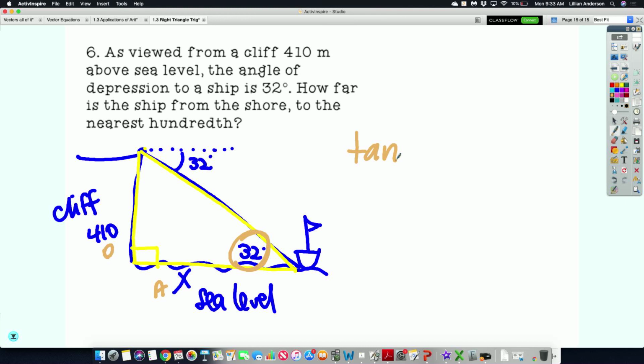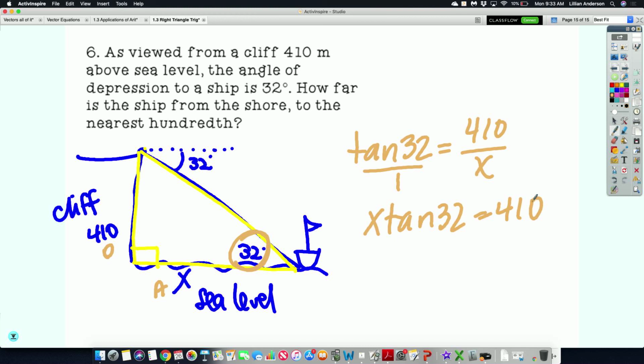Tangent of 32 degrees equals opposite over adjacent. Cross multiply. I'm going to end up dividing 410 by the tangent of 32.